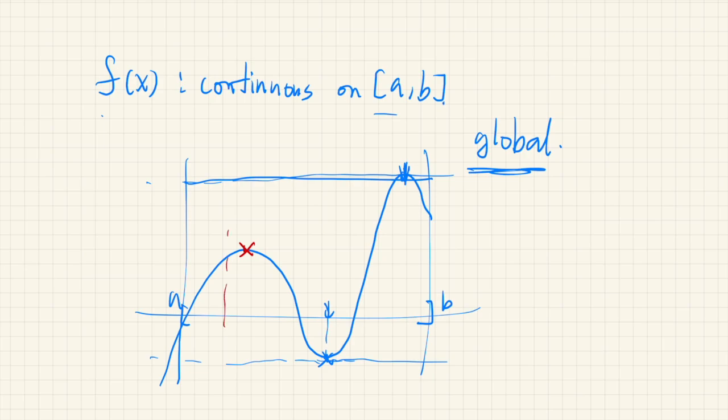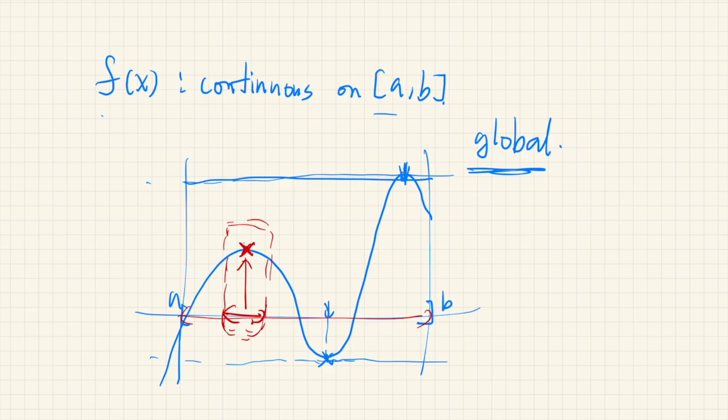So if we just look around this region, then this is the point where the function takes the maximum value, around this point. If we don't look at the entire domain, but only locally around this point, this is the maximum value. It's called a local maximum value.